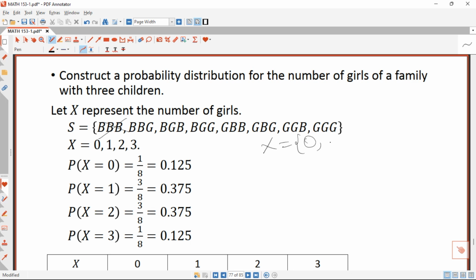We have 1: this pair has only 1 girl, and then we have another one having only 1 girl. We have a pair having 2 girls, and another with 2 girls. And then we have a pair with all 3 girls.